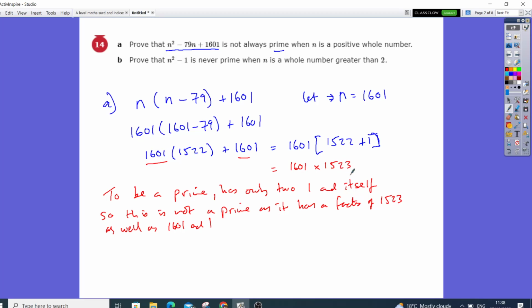So it can't be prime. So that one's done. It's a little trick what you have to do. You have to factorize this expression, make whatever this number is n, and get another factor out from it when you factorize this. Okay, so yeah.